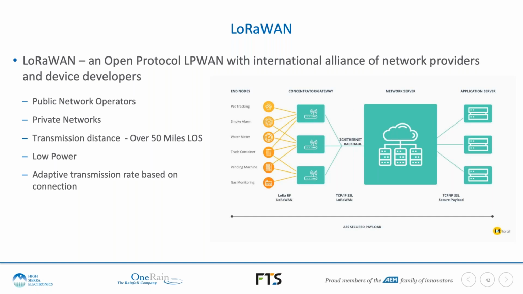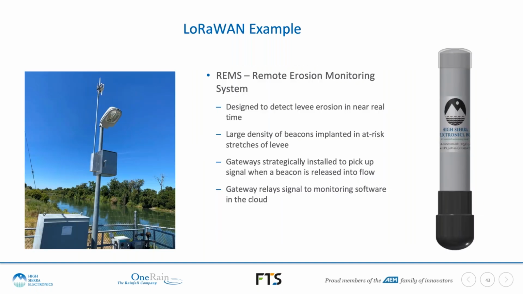So in our case, it would be Contrail by OneRain. I've got an example coming up on the next slide that would be using what we're transmitting through a private gateway into The Things Network, which is the network server.